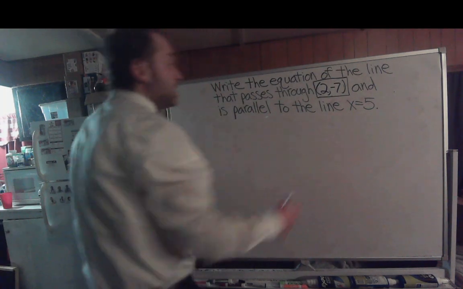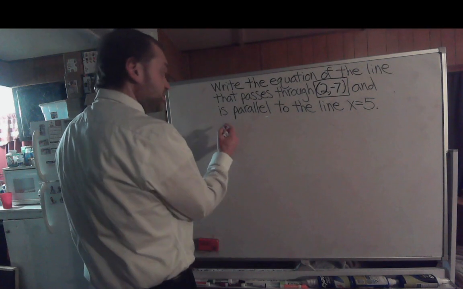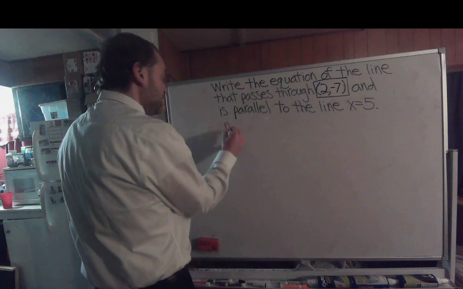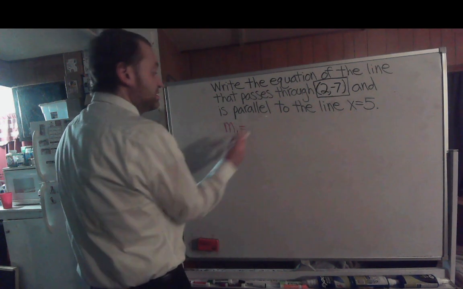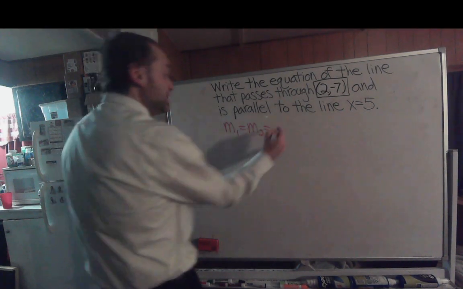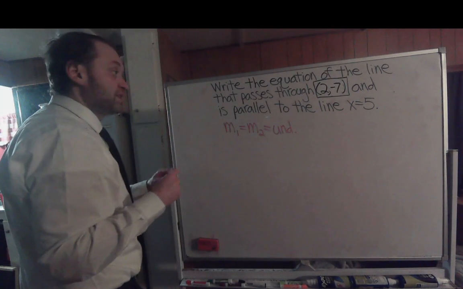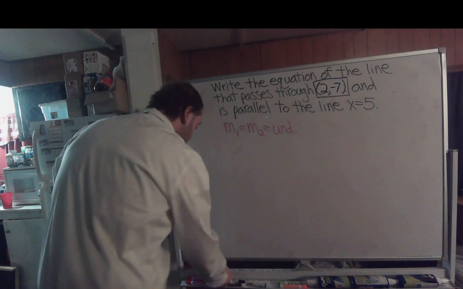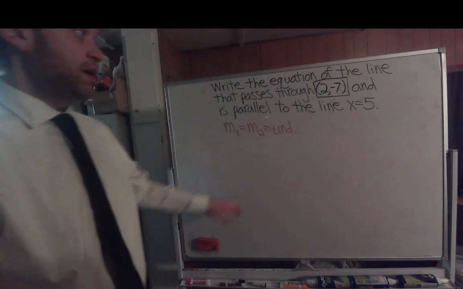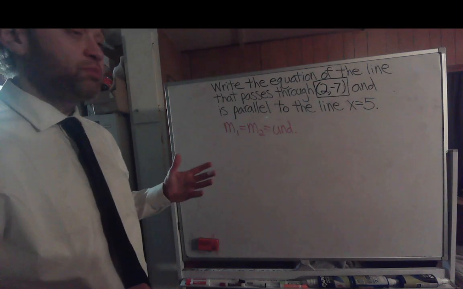So what do we know about parallel lines? That their slopes are the same, which means that the slope of both of the lines in question would have to be undefined. So that makes life easy. In this particular case, it's parallel to x equals, and it's got an undefined slope.